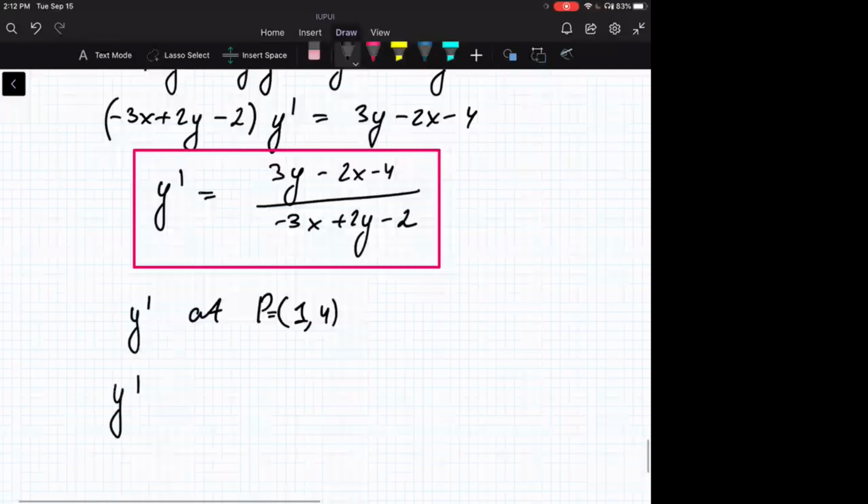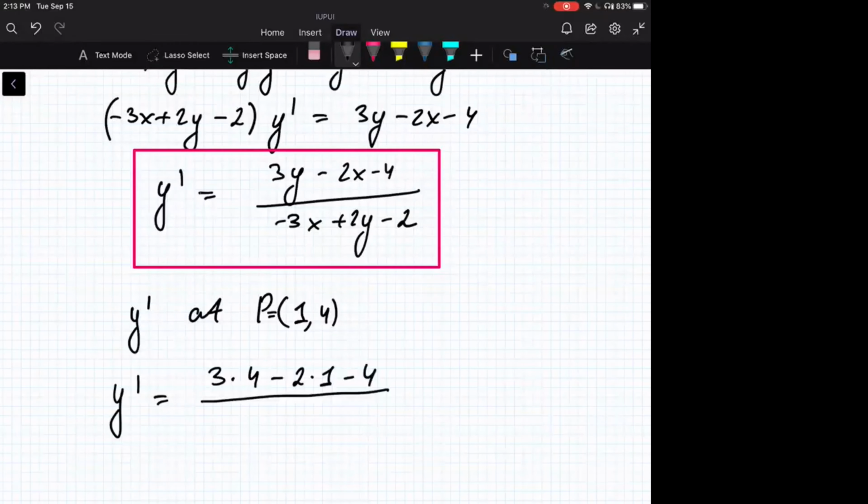So y prime will be 3 times 4 minus 2 times 1 minus 4, divided by minus 3 plus 2 times 4 minus 2. So it's 12 minus 2, 10, 10 minus 4 is 6, over minus 3 plus 8, which is 5, 5 minus 2 is 3. So the final answer is 2.